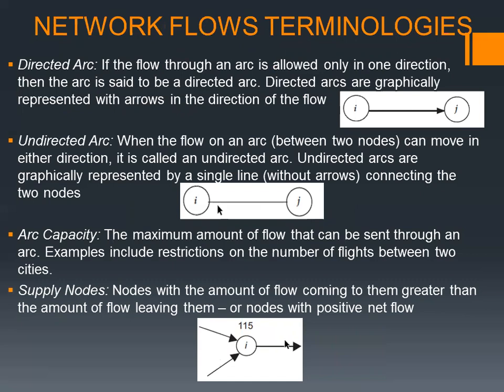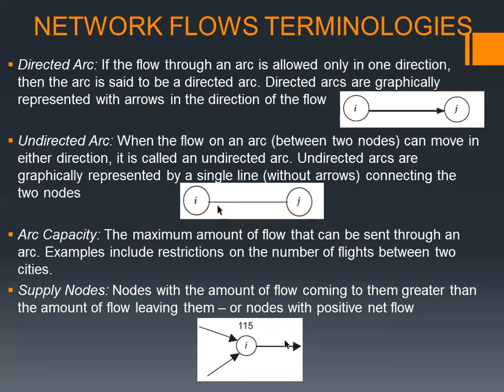That is called a directed arc. If the flow through an arc is only in one direction, then the arc is said to be directed. Directed arcs are graphically represented with arrows in the direction of flow. It implies you will have a flow only in one direction, or it is called a unidirected arc.